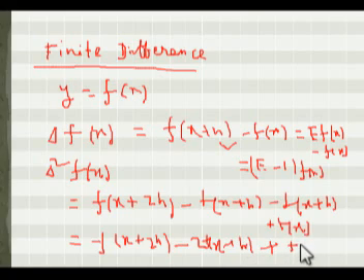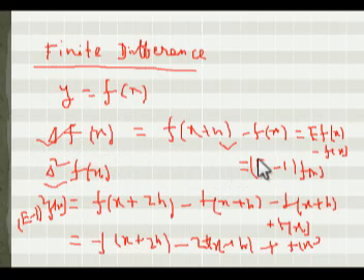In shift operator form it can be written as E minus 1 whole square. This is called the second difference operator, and this is the first difference operator. In this way the third and fourth difference operators can be calculated.